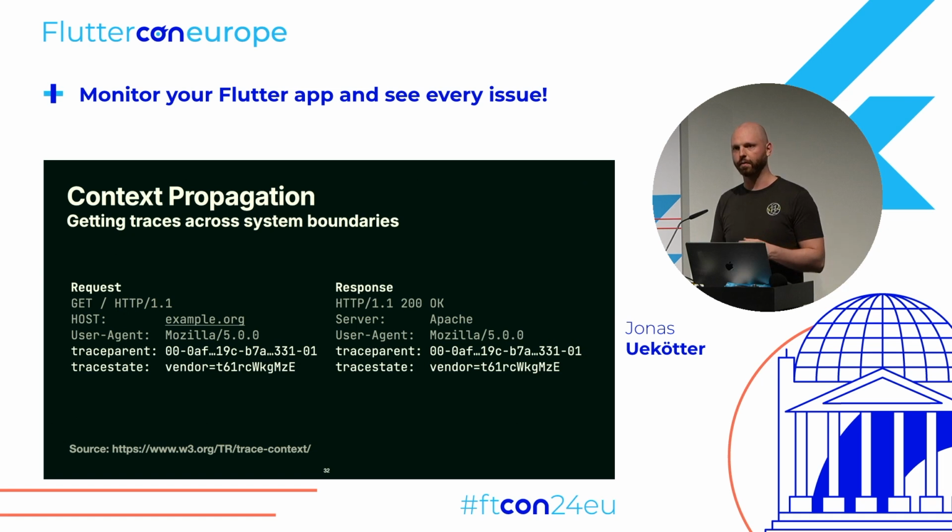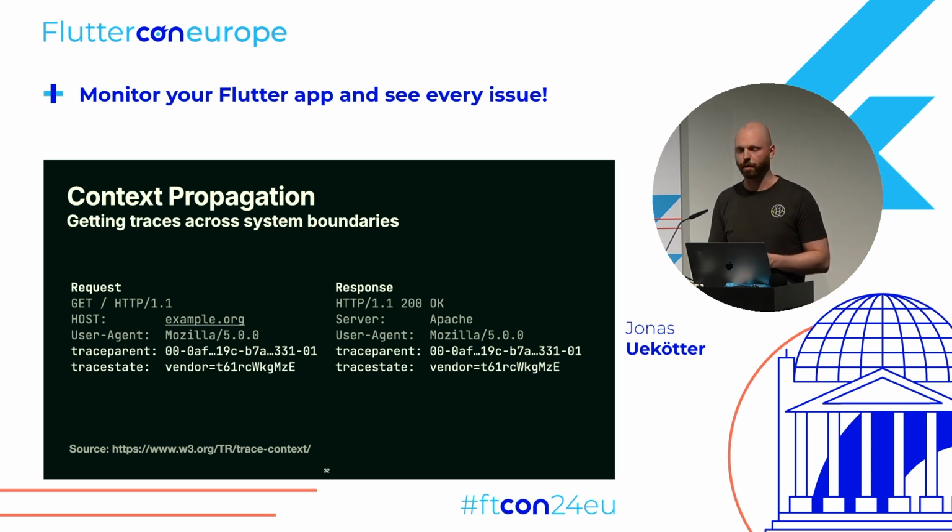Context propagation is the mechanism that makes the other part of the system aware of where the original span came from.